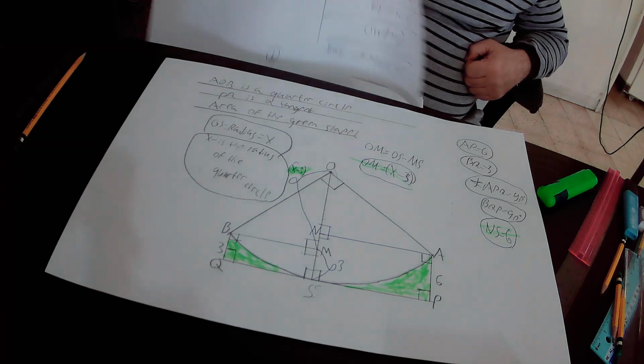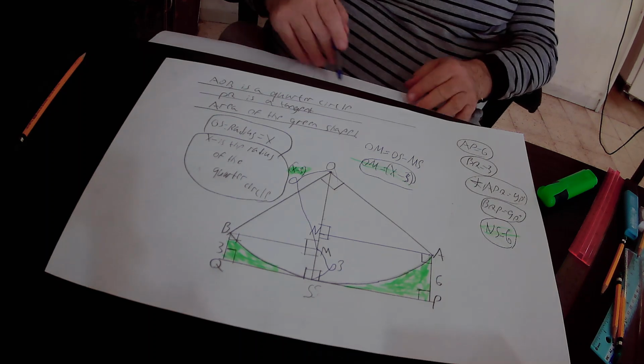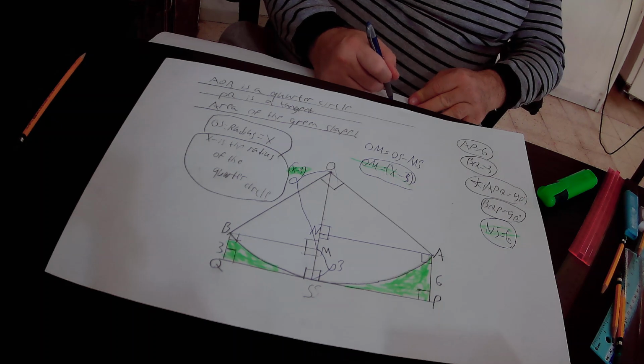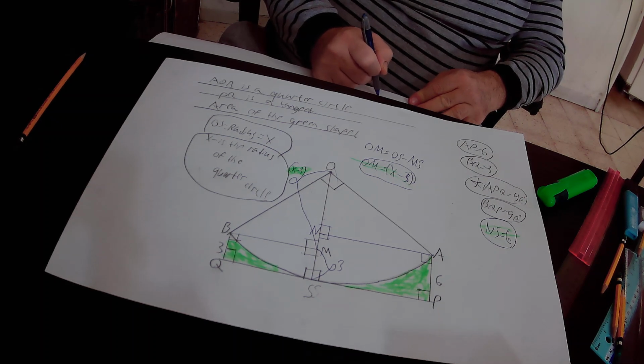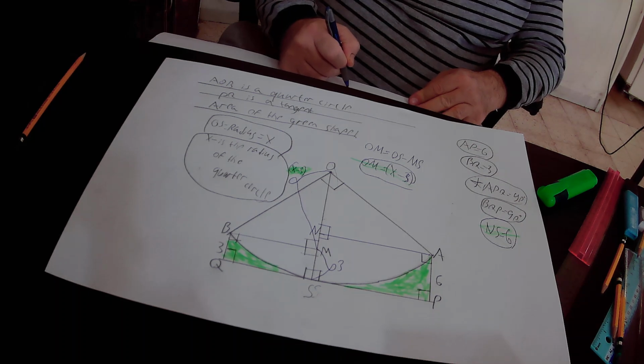So write it down. Quadrilateral OSPA is a trapezoid.